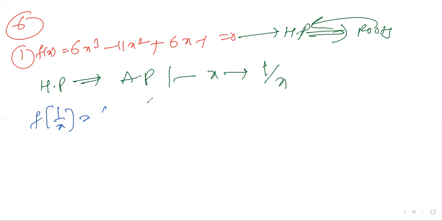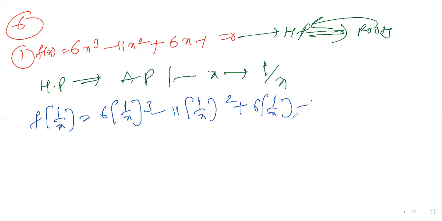What are you going to get? 6 times 1 by x whole cube minus 11 times 1 by x whole square plus 6 times 1 by x minus 1. After you simplify, I'm directly writing it out, I don't want to waste your time: x cube minus 6x square plus 11x minus 6 is equal to 0.